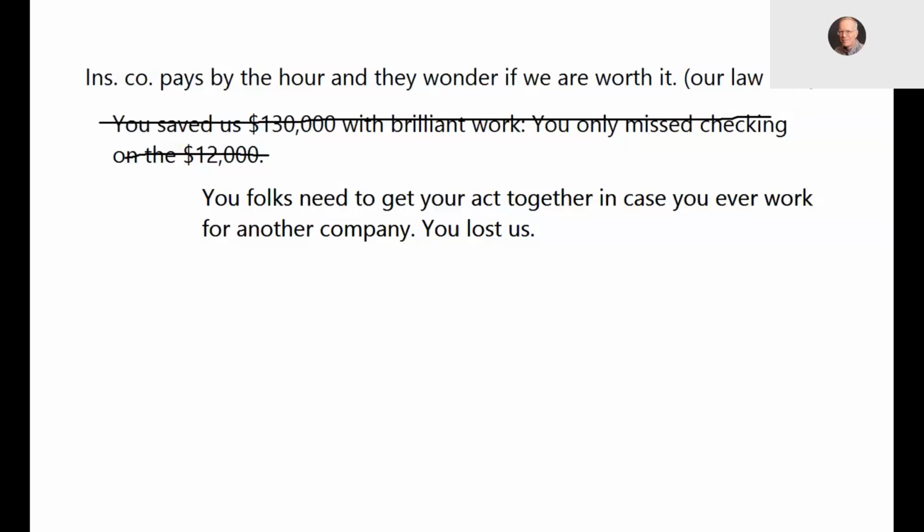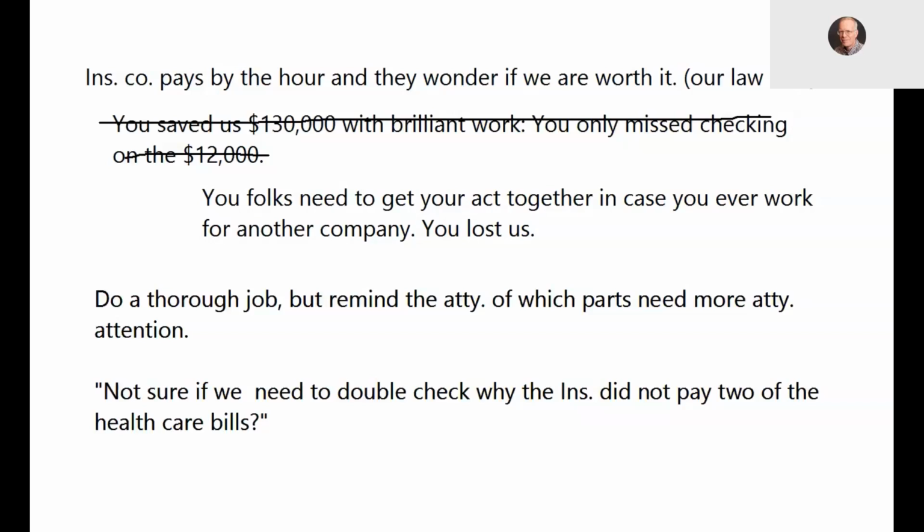So it's good paralegal work to type out, not sure if we need to double check this. And I guess I mean healthcare insurance.